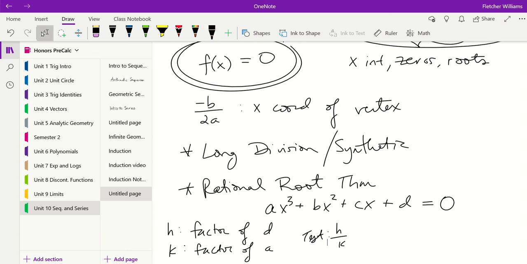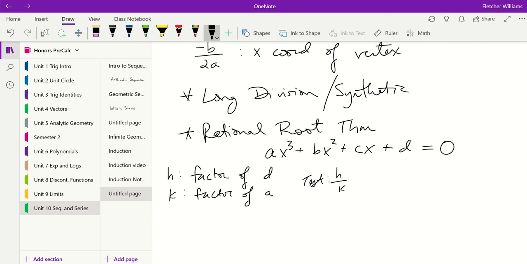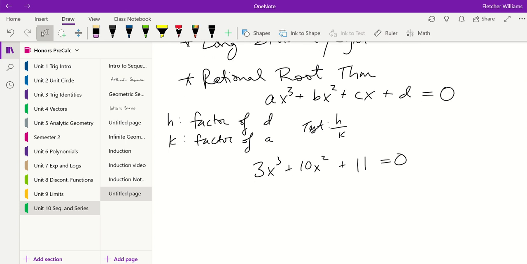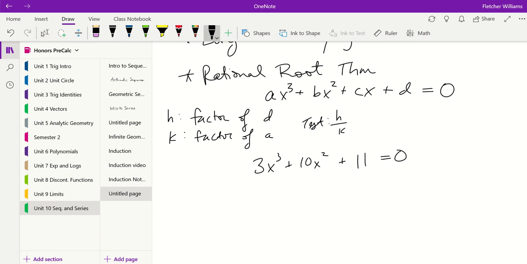So for example, if our equation was something like 3x cubed plus 10x squared plus, let's say 11 equals 0. What are the factors of the constant term? Yes, 1 and 11. Factors of the leading term? 3 and 1.